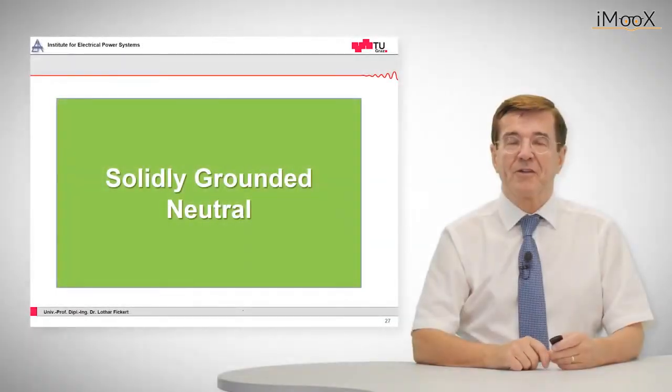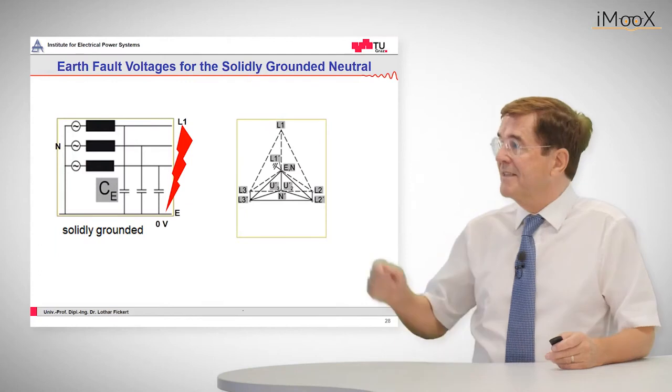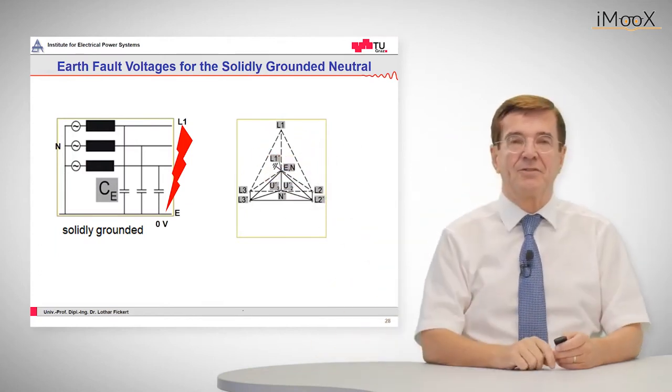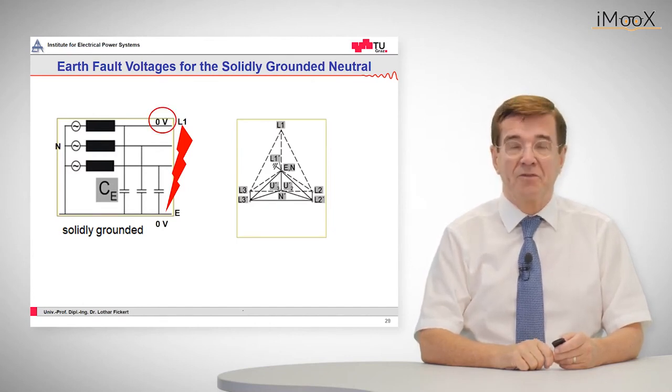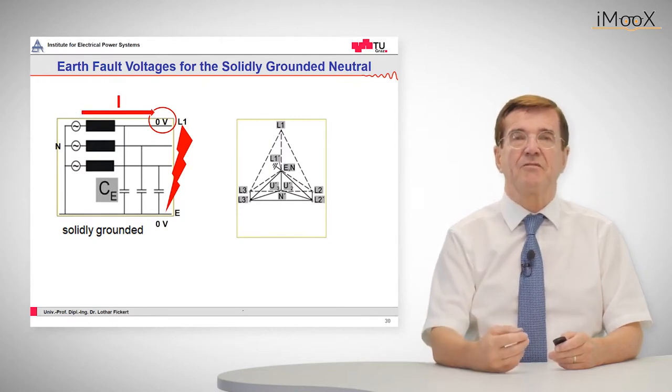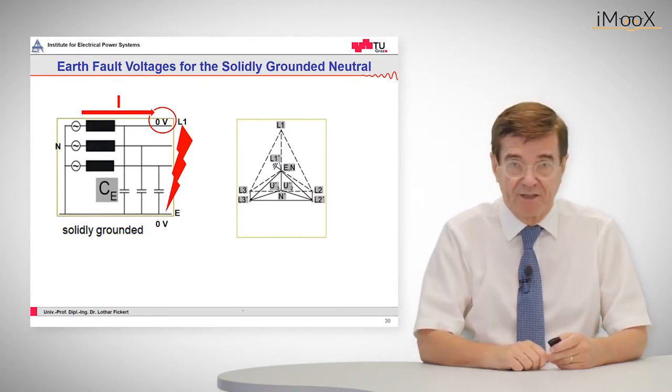A completely different treatment of the neutral is the solidly grounded neutral. In this case, as you can see, the neutral of the transformer is solidly grounded, and if a fault occurs, we have 0 volts at the end of the line, a high driving voltage, and a very high short circuit current.